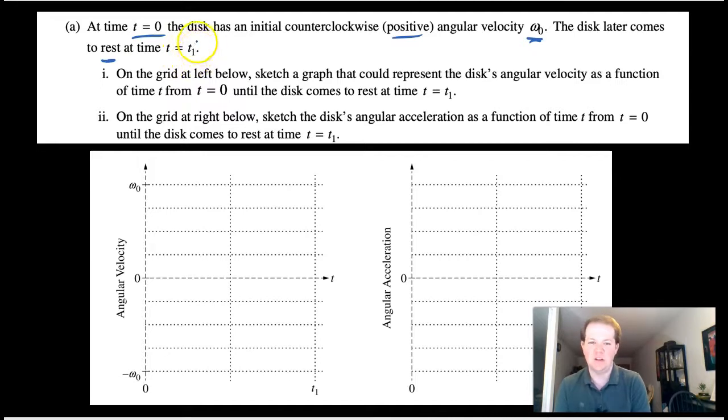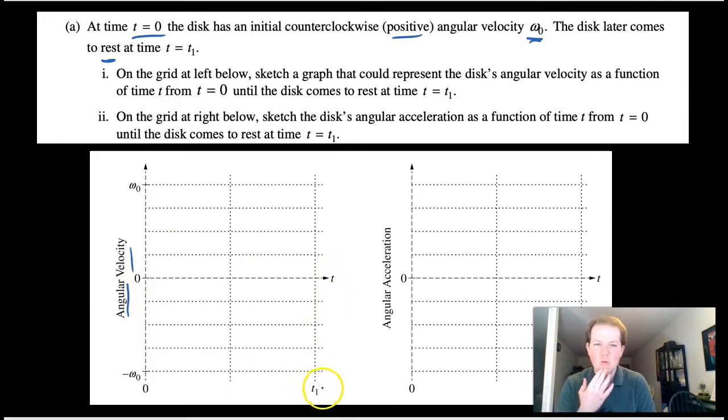Part 1. On the grid at left below, sketch a graph that would represent the disk's angular velocity as a function of time, t, from t equals 0 until the disk comes to rest at t equals t1. Okay, so this graph here on the left, angular velocity. Ooh, and I end at t1.